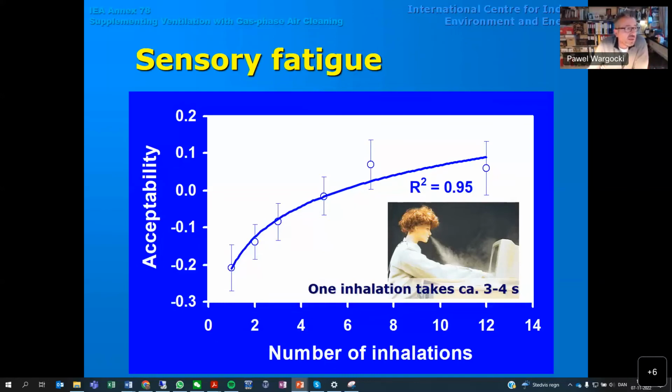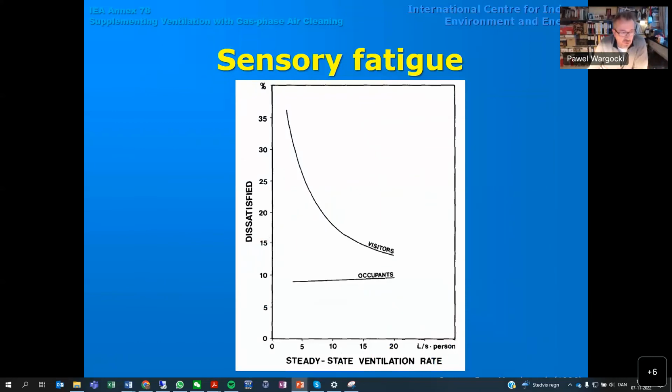So after one inhalation, you have a change, and then already after 2, 4 and 6 inhalations, you can see that there is improvement of air quality, but that's basically caused by the sensory fatigue. It doesn't mean that the air quality is improving, which means that basically the first evaluation is the most important.